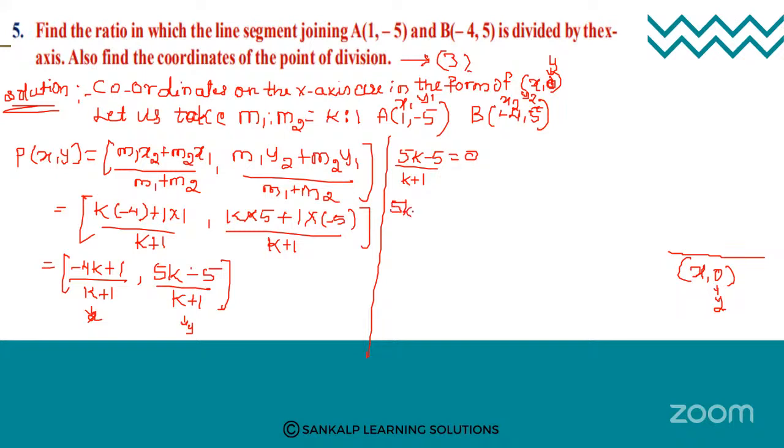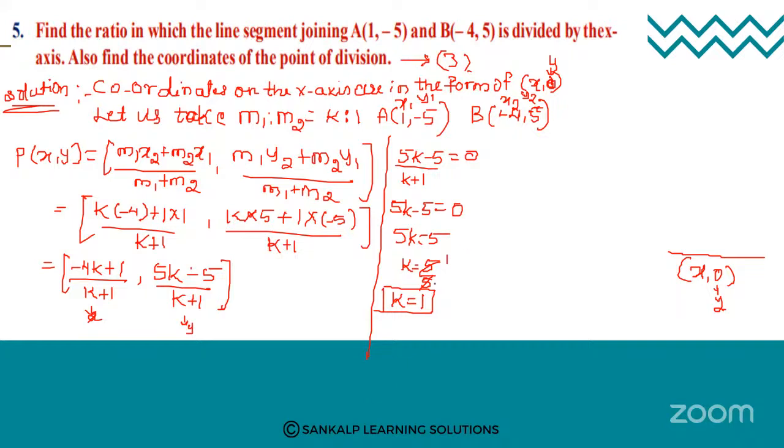So 5k minus 5 is equal to 0. Next, transfer this minus 5 to this side. 5k is equal to 5. Transfer this 5 to this side, k is equal to 5 divided by 5. 5 ones are 5. That means k value is 1.